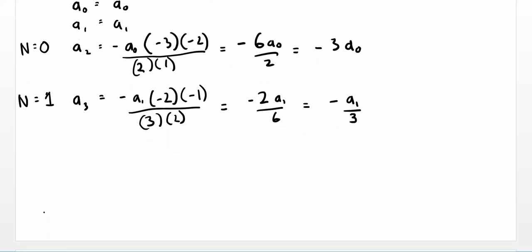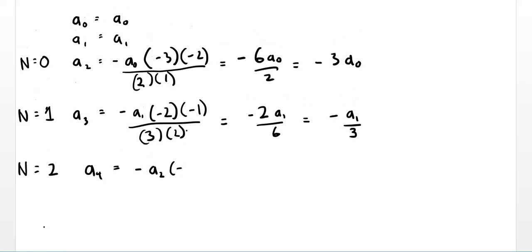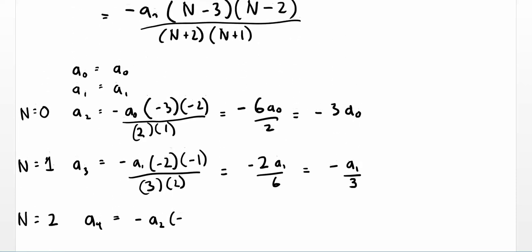We'll write a few more. Capital N equals 2. A sub 4 equals negative a2 times negative, looking at the relationship again, negative 1 times 0 all over 4 times 3.